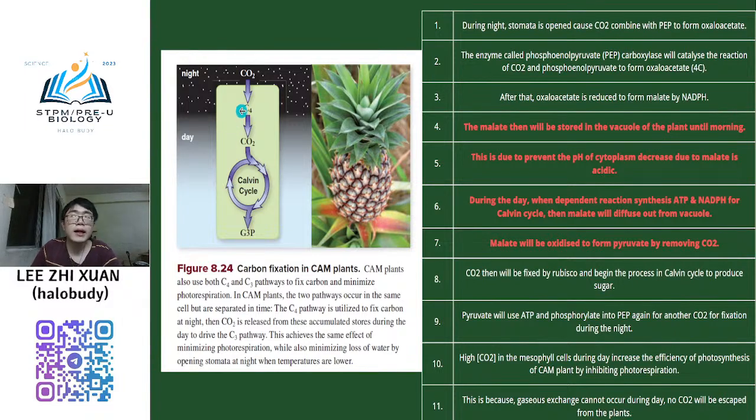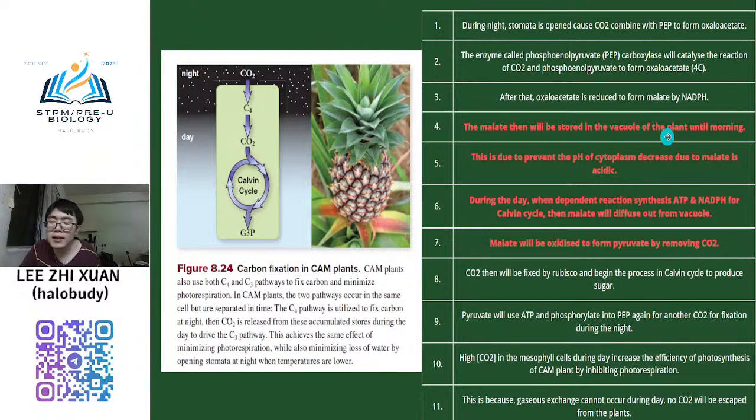So during the night, the CAM plant will absorb all the carbon dioxide and bind it to PEP to form oxaloacetate. After that, it is reduced to malate, and then stored. This malate will not directly be oxidized to form carbon dioxide.